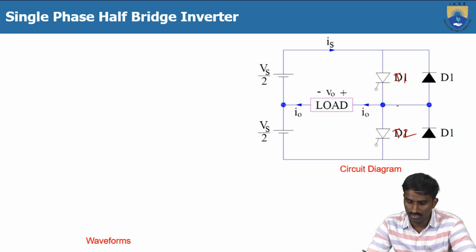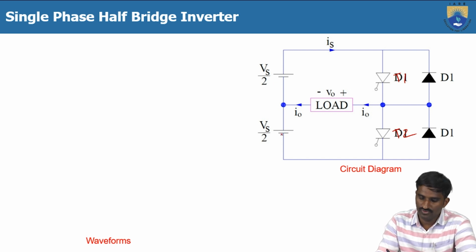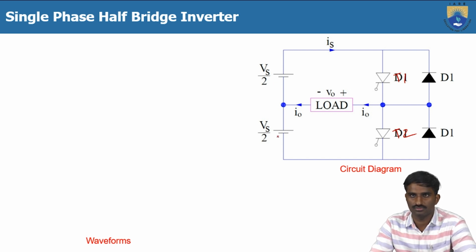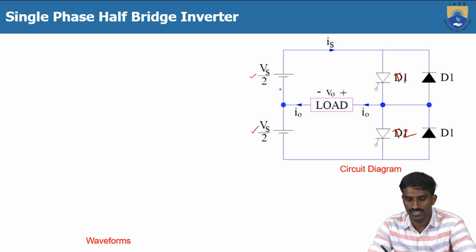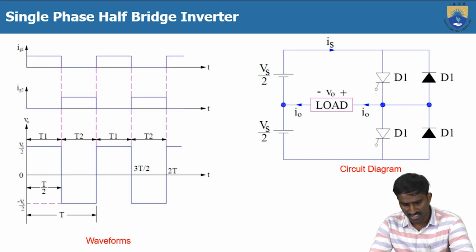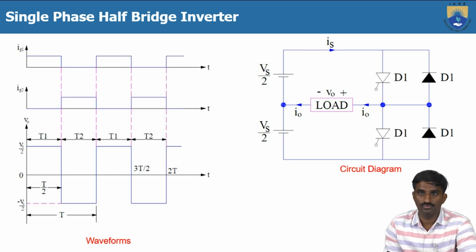Then in the single phase half bridge inverter, as you can see we need two sources, one is Vs by 2 and another one is also Vs by 2, these are the symmetrical DC sources that we are using, Vs by 2 and Vs by 2, and two thyristors.